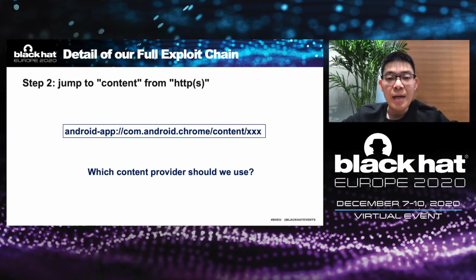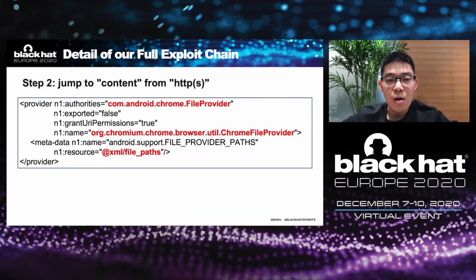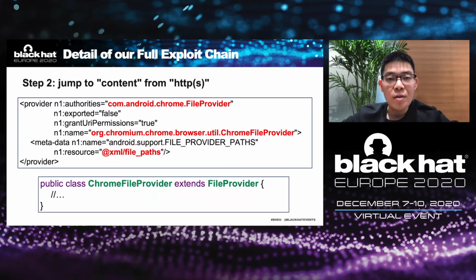So we get the deep link, but which content provider should we use? At last, we found the Chrome file provider in the Android manifest file. And Chrome file provider extends FileProvider of the Android framework. FileProvider will transform content URI to file path by the rule defined in the XML file paths.